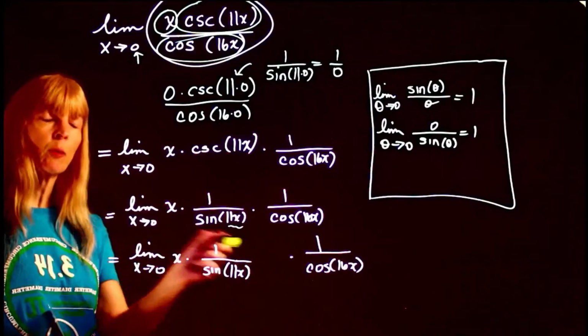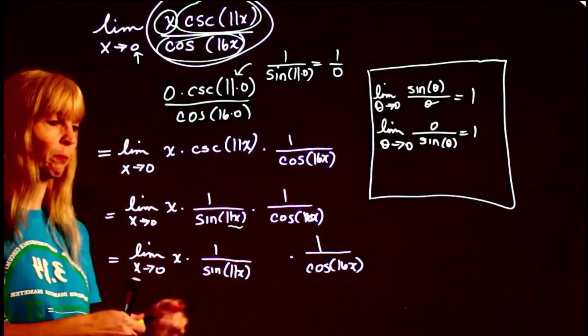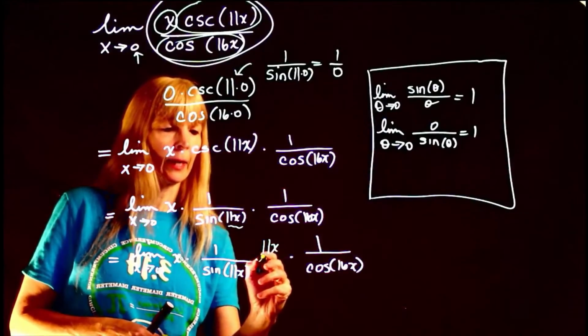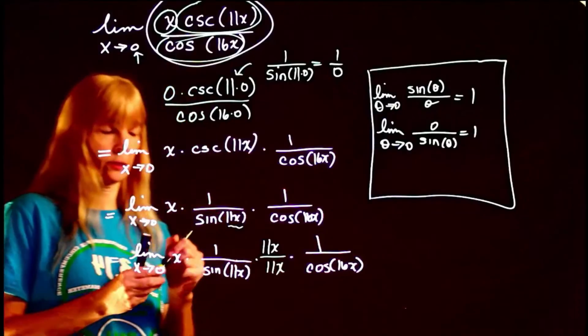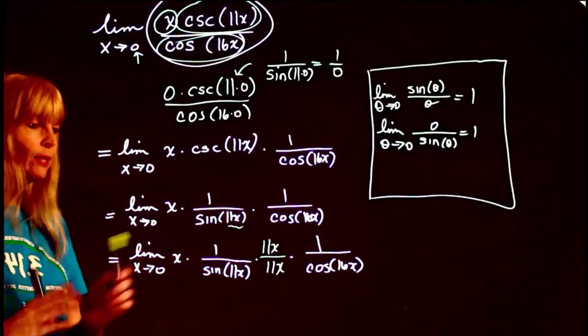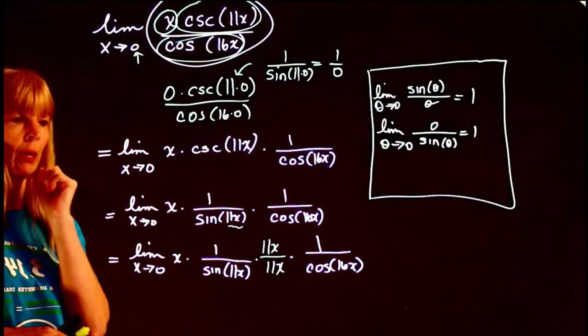So as long as I just multiply this by 1, I'm not changing the problem, right? Because all this is being multiplied. Well, I can write 1 as 11x over 11x. Isn't that still 1? I think so, right? And so nothing has changed. This line is still that same line.